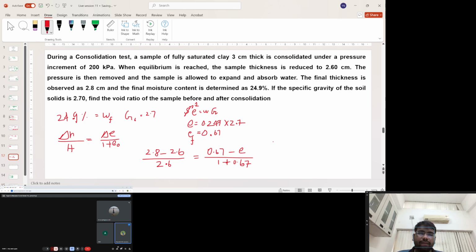How much are we getting? Sorry, this will be e only, the initial voids ratio. So this will be e. How much are we getting for e?